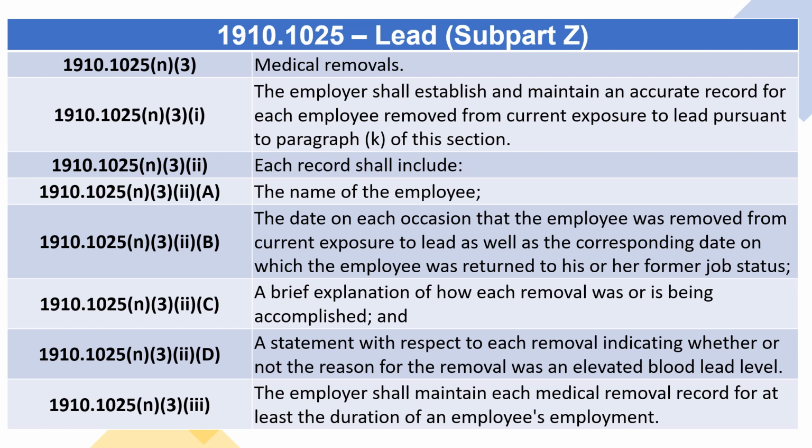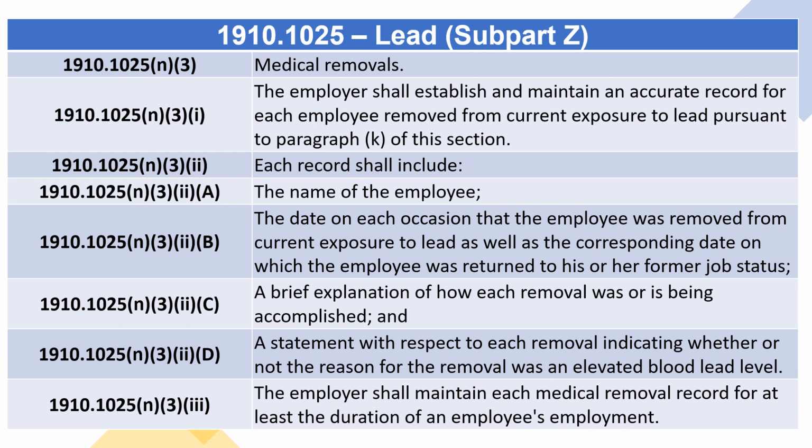1910.1025 (n)(3). Medical removals. 1910.1025 (n)(3)(i). The employer shall establish and maintain an accurate record for each employee removed from current exposure to lead pursuant to paragraph (k) of this section. 1910.1025 (n)(3)(ii).